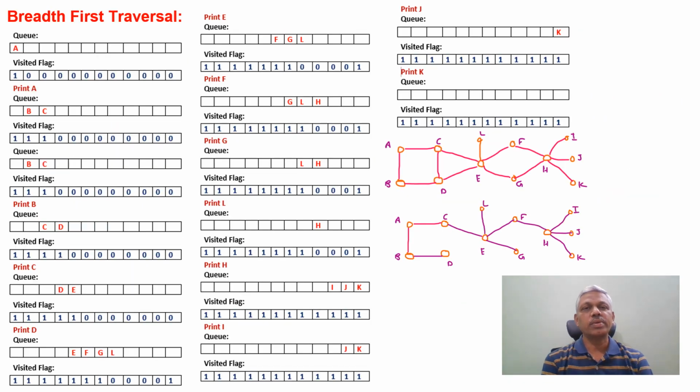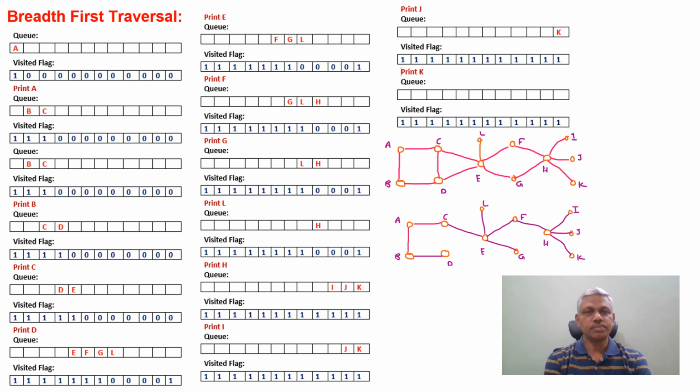Let us try to implement the algorithm that we have seen in the previous slide on the example. Initially the queue will have vertex A. The starting vertex is taken as A, and the visited flag of A is set as 0, and all the remaining vertices have visited flag as 0. Then dequeue A, that's the first step.